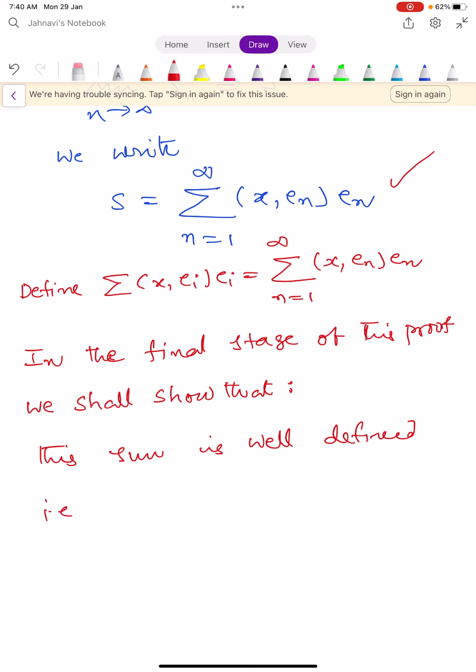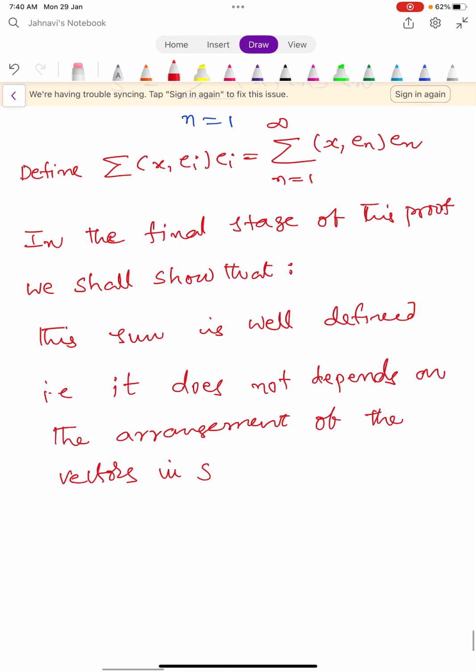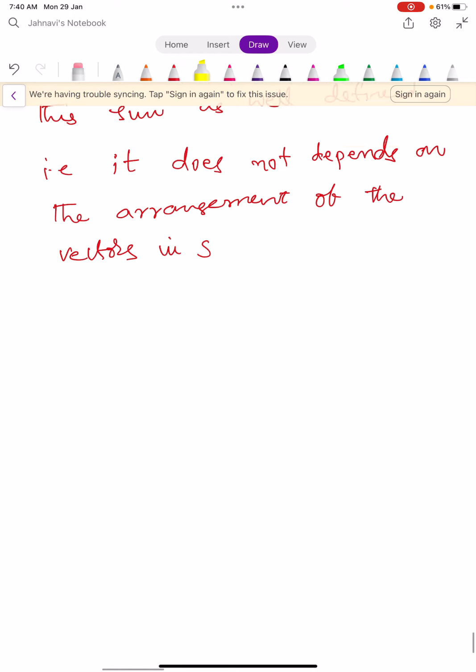That is what it means: it does not depend on the arrangement of the vectors in capital S. So remember this fact. Here you have to show that this sum is well defined, meaning it does not depend on the arrangement of the vectors.